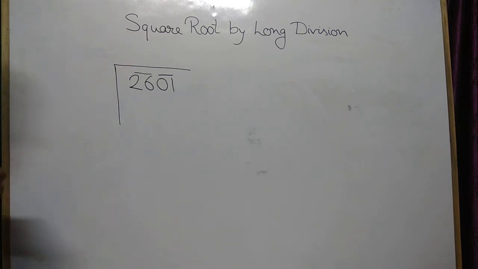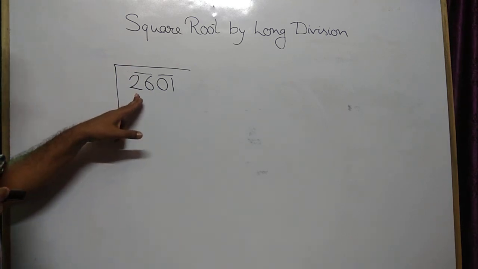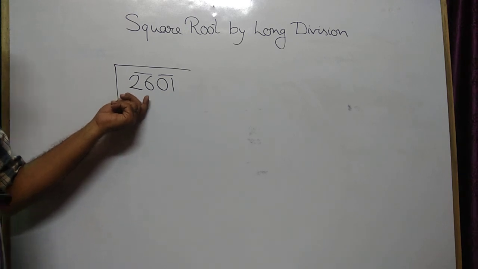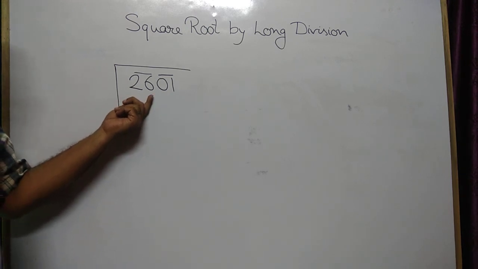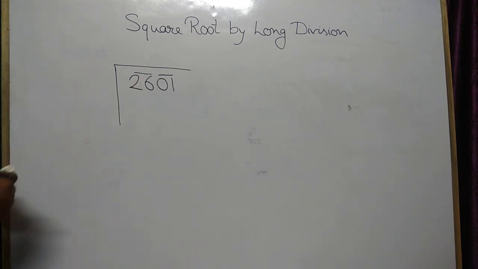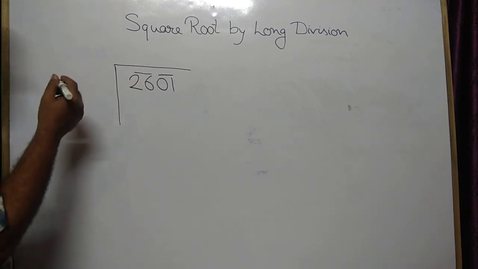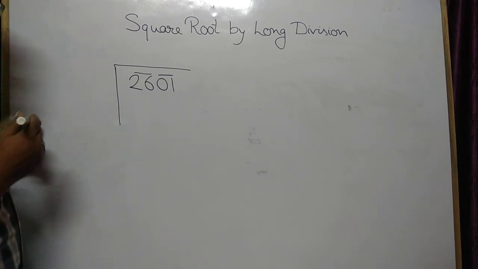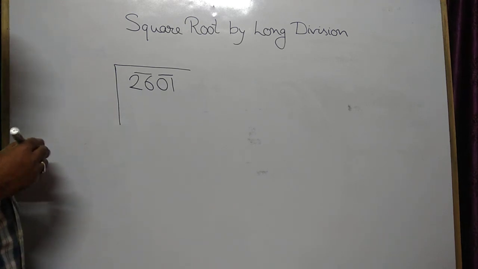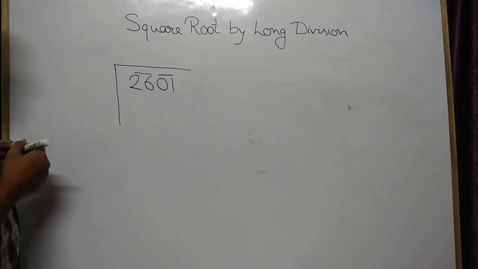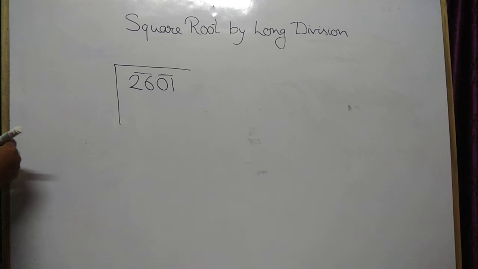Remember, we divide pair by pair, not digit by digit. What we use as a divisor, the quotient must be the same.